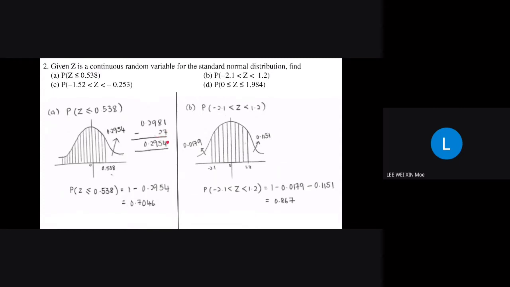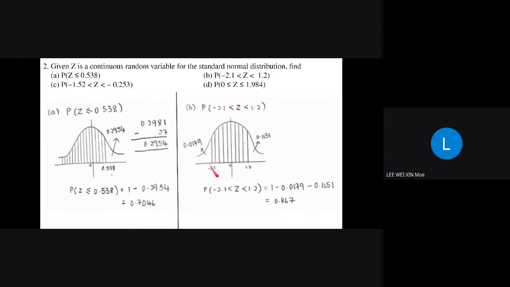So after subtracting, we will get 0.2954. In order to find the shaded region, we use 1 minus 0.2954, and we will get the answer 0.7046.